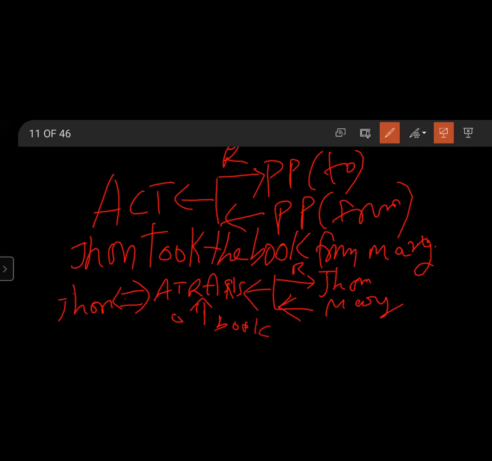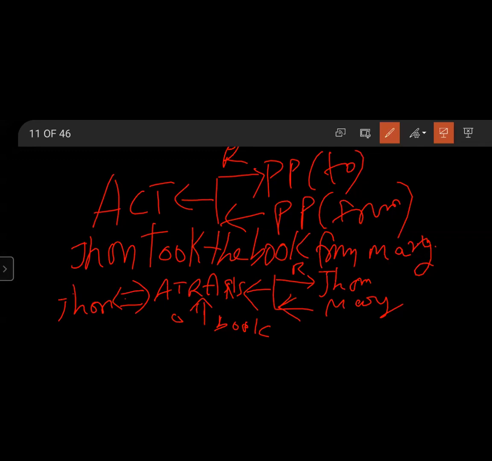Okay. John double arrow Atrans, John plus Mary, from, to. O means object, R means recipient, Atrans means transfer of an abstract relationship, that is ownership.